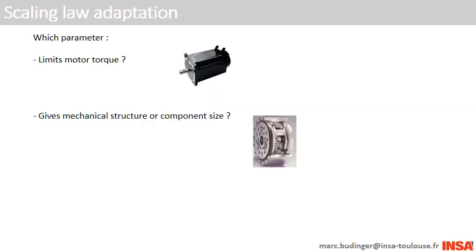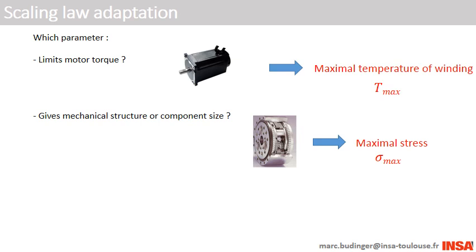When a scaling change occurs, some non-geometric quantities can evolve and could lead to malfunctions at component level. For example, we will study the electrical motor and the gear reducer, which are the quantities that limit the transmittable torque. For an electrical motor, it is the maximal temperature of winding. For a gear reducer, it's rather the maximal stress.